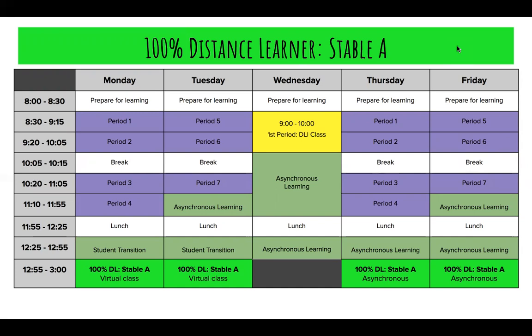But then you'll notice here at the bottom, it specifically says that Stable A students from 12:55 to 3 o'clock are signing on to your virtual classroom. Then if you look over on Thursday, Friday, you are doing independent practice, which is asynchronous learning.